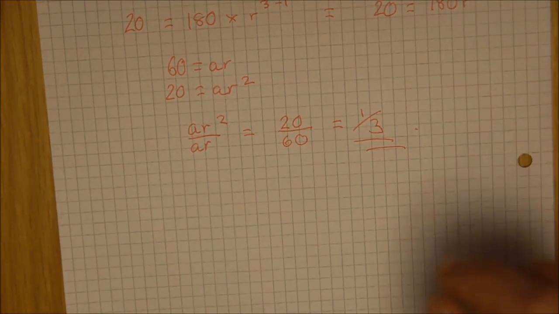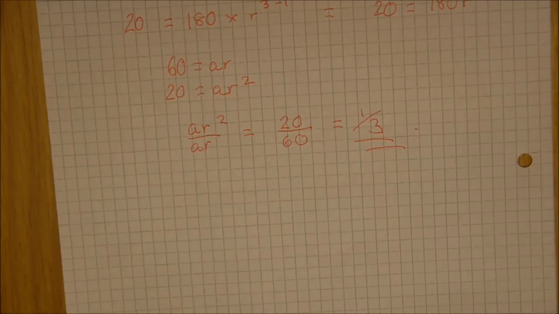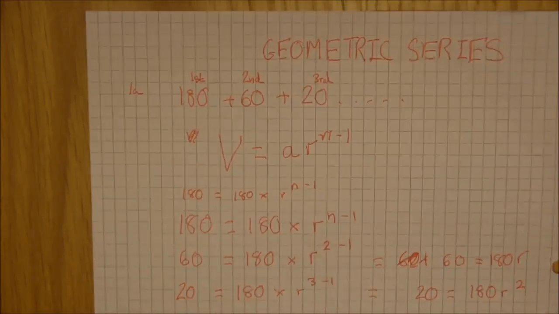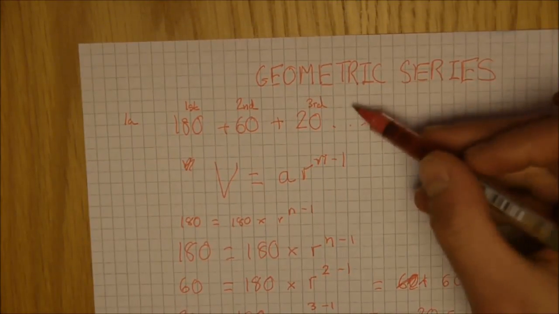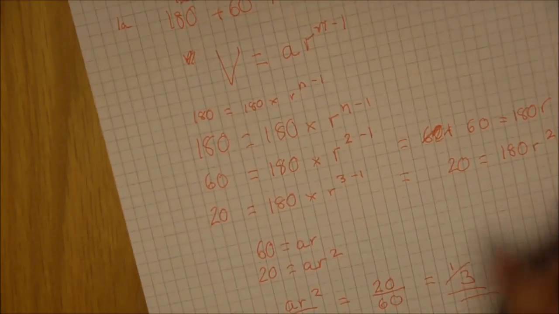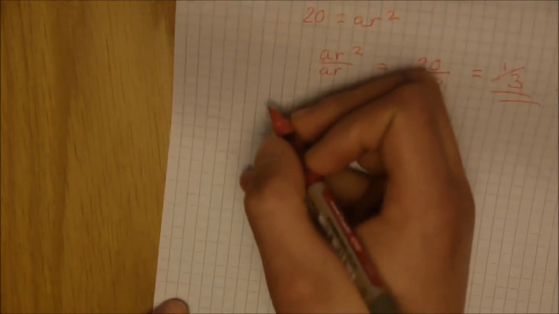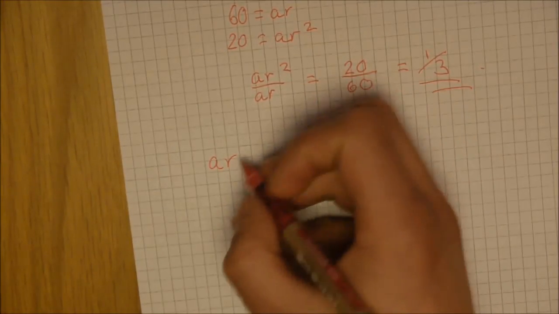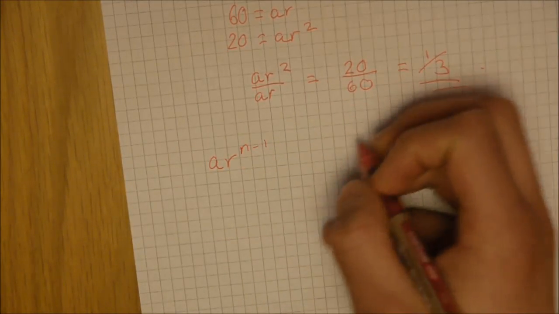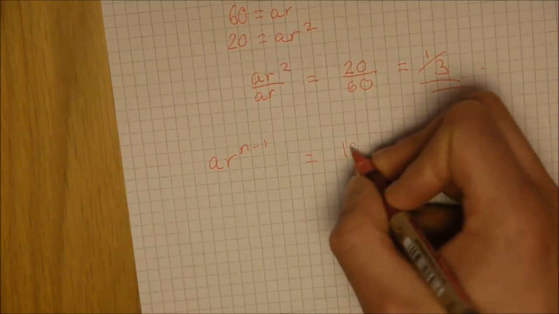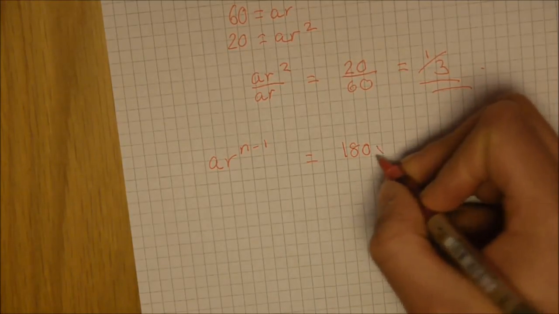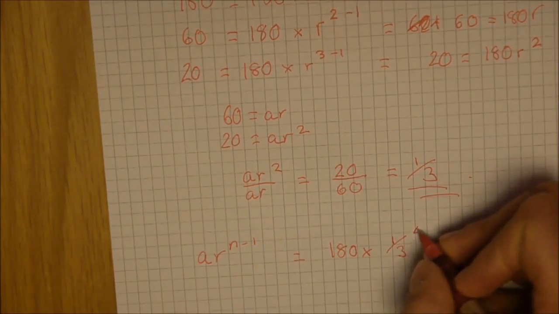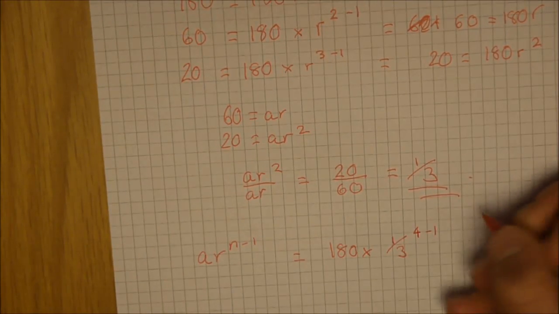Once we know the common ratio, we can work out the next missing term in the sequence. If I go back up, we know the first term is 180, so we'll have our formula again. The fourth term is going to have 180 as its starting value, times 1/3, to the power of 4 minus 1, so 3.